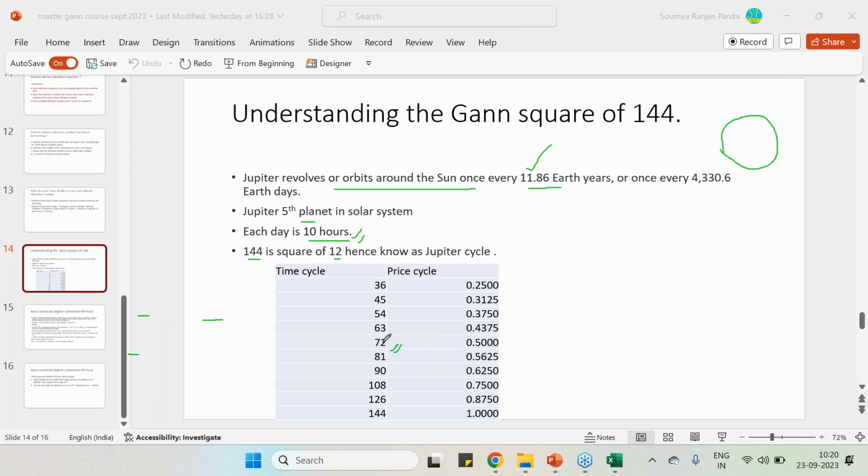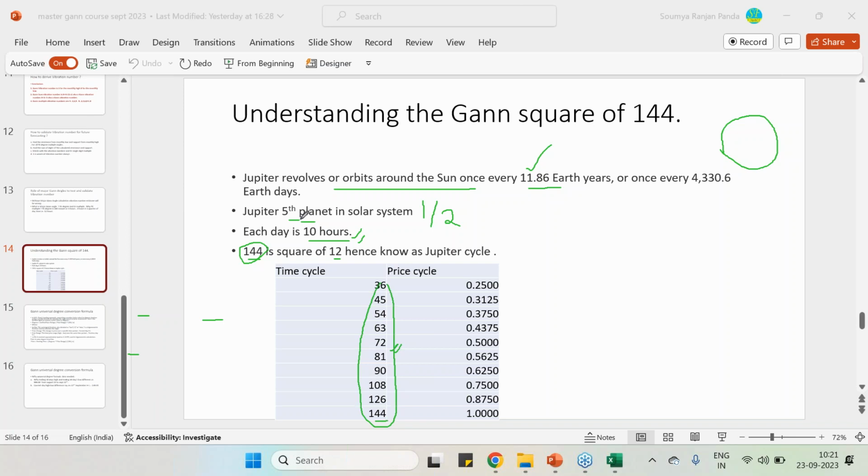So here 3, 6, 3, 9 and 10, the 10 time cycles are being derived from the 144. I'll tell how it is being derived, that also I'll tell. 10 time cycles we are giving. It is the fifth planet in the system, so it is almost at the half, so half is important. So this half also we will be using. So in return it says square of 144. 144 is the termination number.